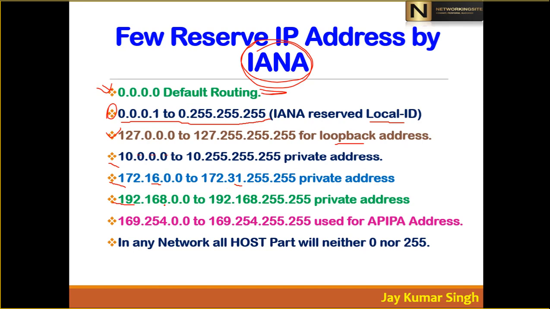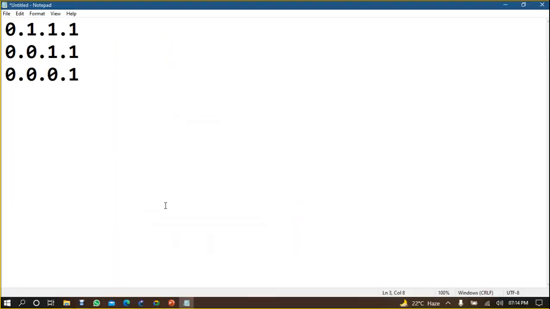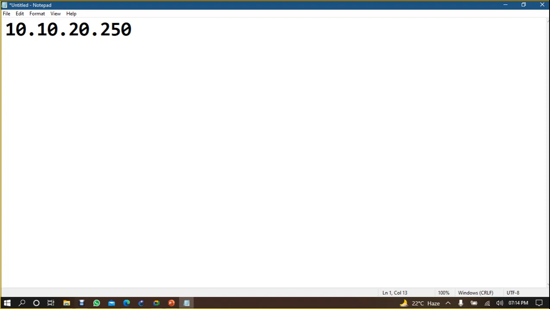So understand, maybe if I write like this, 10.20.250.10, tell me, is it a private IP address or a public IP address? Yeah, it's private. Second one, private.